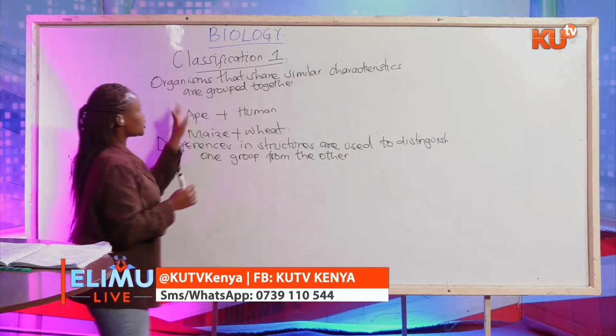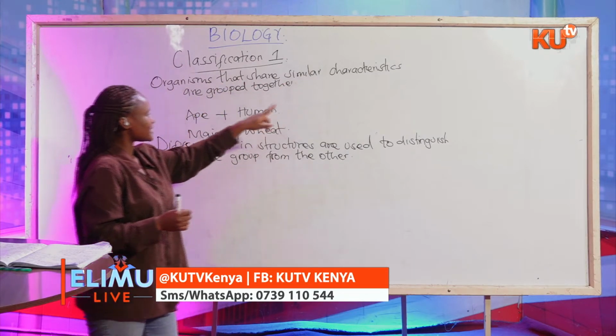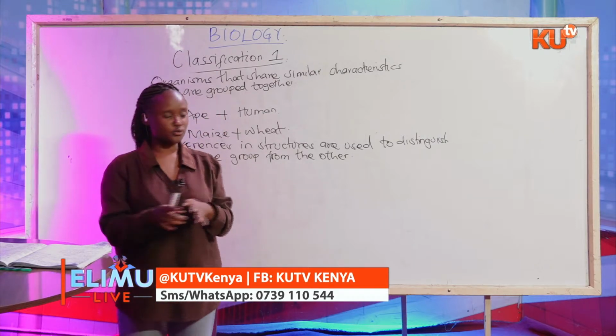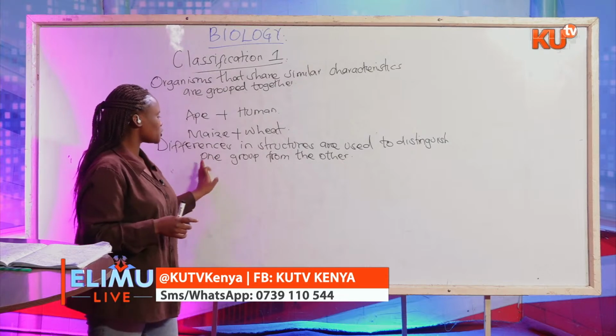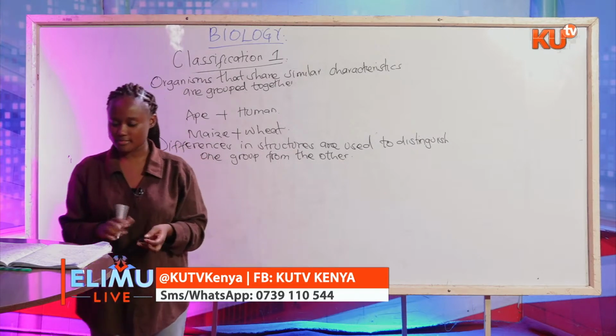So in classification, organisms that share similar characteristics are grouped together, and the differences in structures are used to distinguish one group from the other group.